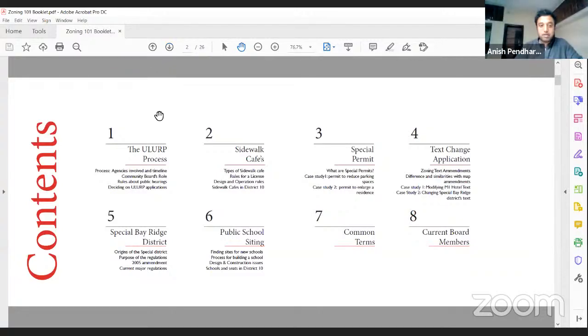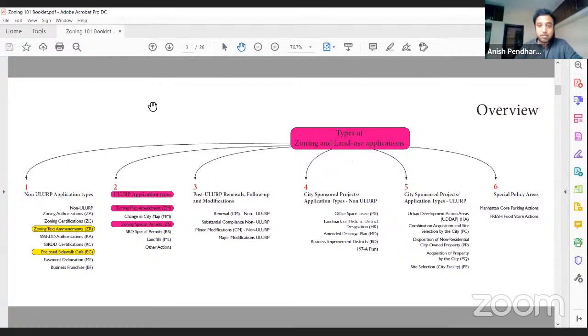So we have taken the most common issues we would deal with in zoning and land use meetings, starting with the ULURP process. It's basically an introduction to the types of zoning and land use applications the city of New York, or basically the planning regime, deals with.